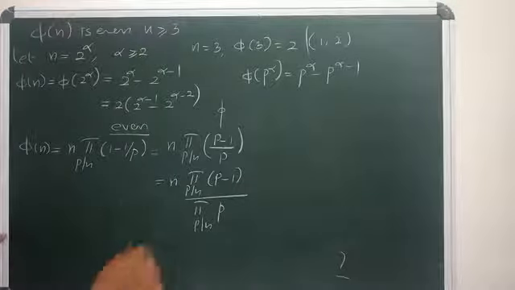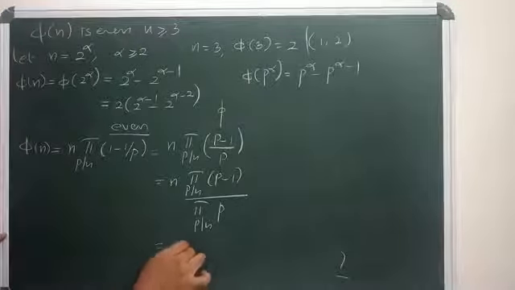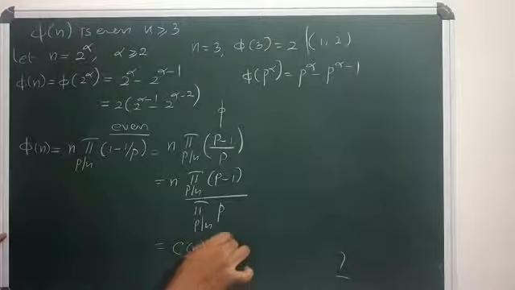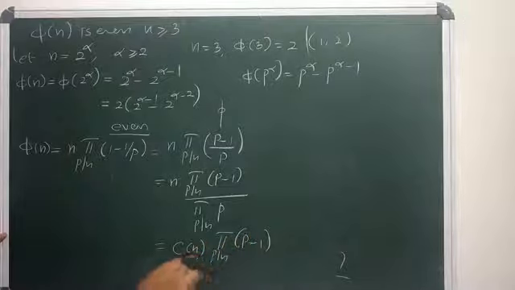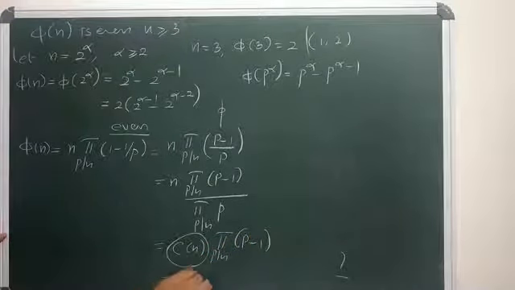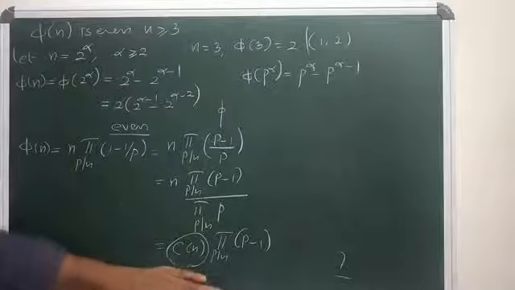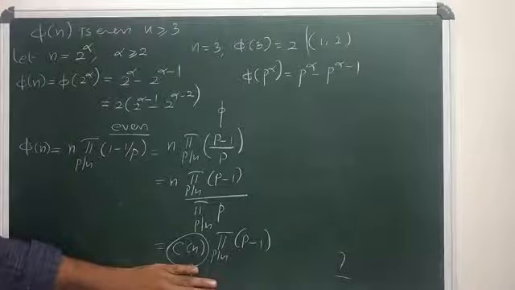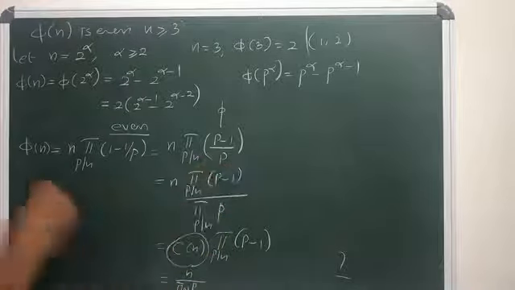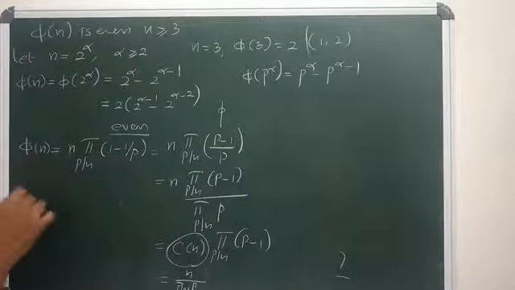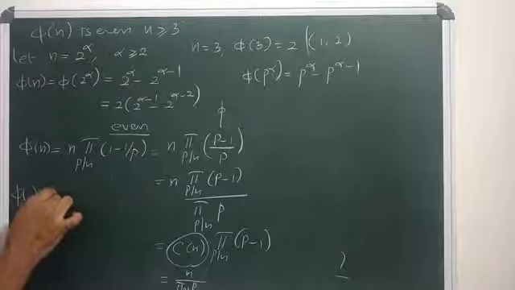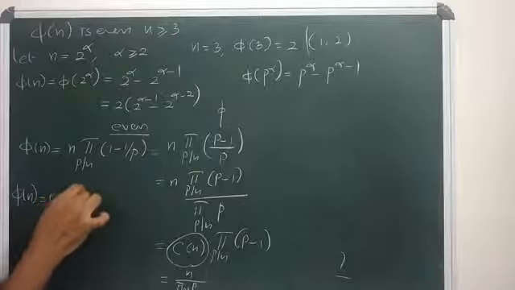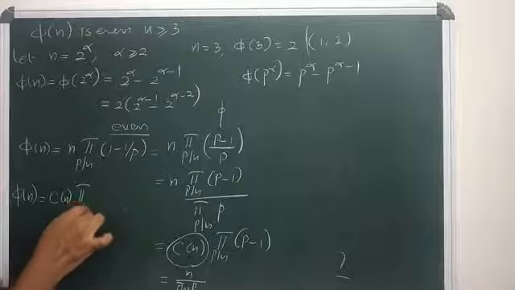We know that the product over p dividing n of p is an integer, n is again an integer, so this n by the product of p is nothing but some C of n, into the product over p dividing n of p minus 1. What is C of n? It is n by the product over p dividing n of p. This is nothing but an integer. So clearly phi of n equals some integer, that is C of n, into the product over p dividing n of p minus 1.